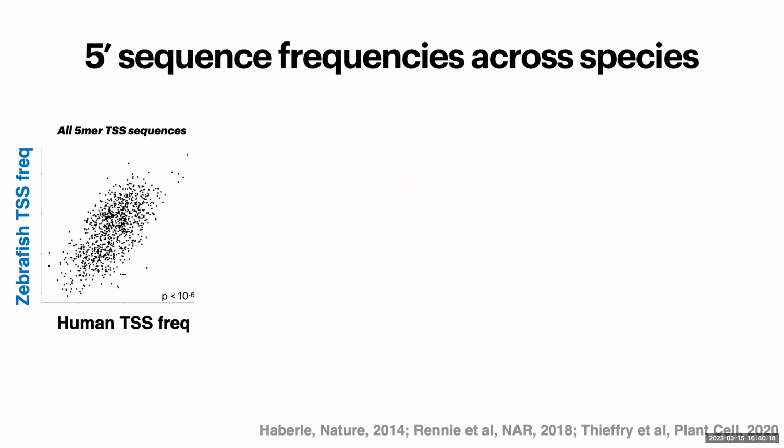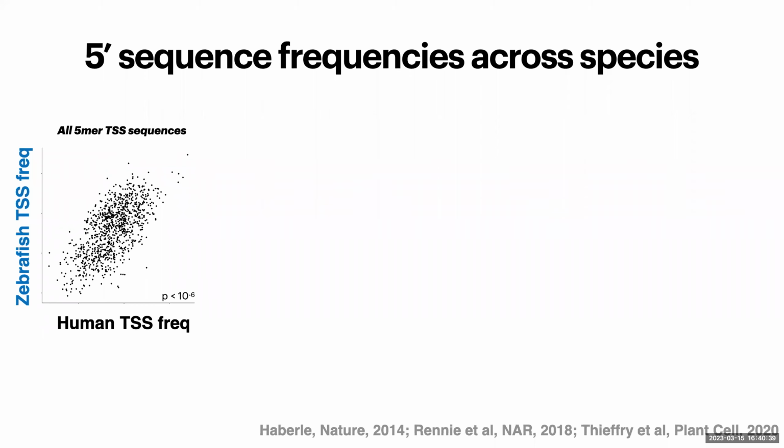So are there any other 5' terminal sequences other than those classical TOP motifs? One reason to think that there might be is that 5' sequence usage is fairly conserved across species. What I'm showing you here are frequencies of transcription start sites.